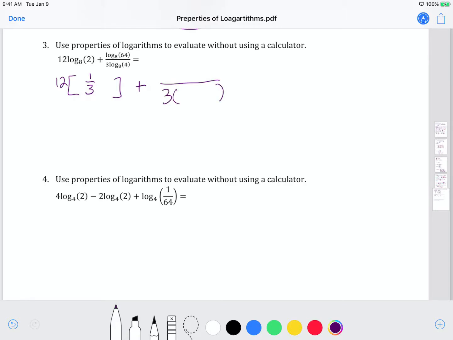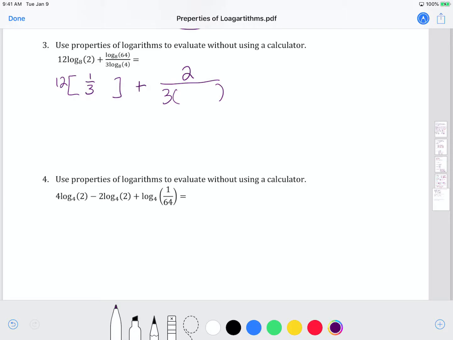Okay, so now I'm going to try to figure out what log base 8 of 64 is. 8 raised to what power gives me 64? It would have to be 2. 8 squared is 64. So the top is 2. And then in the denominator, I have log base 8 of 4.